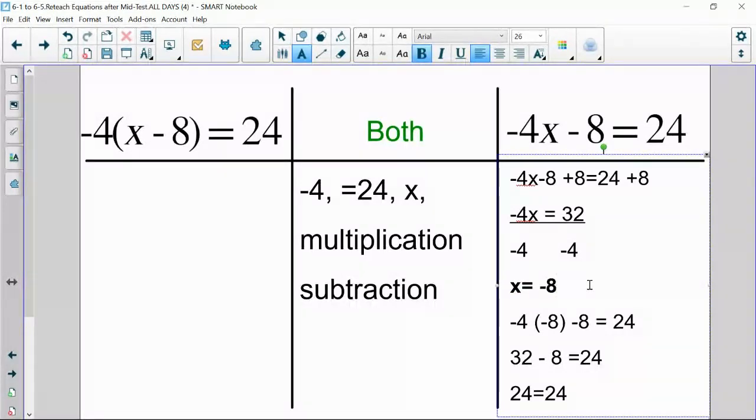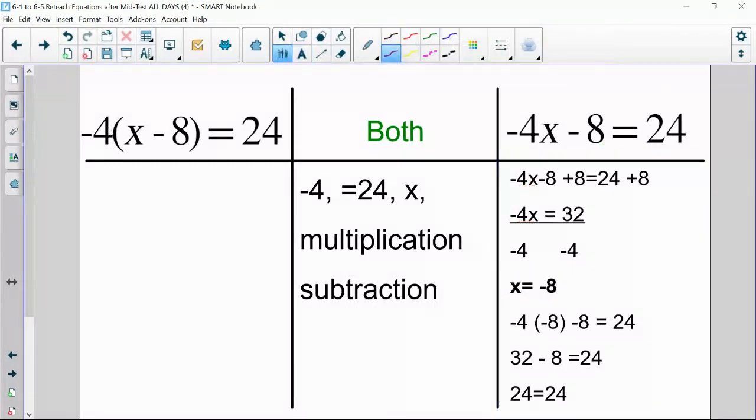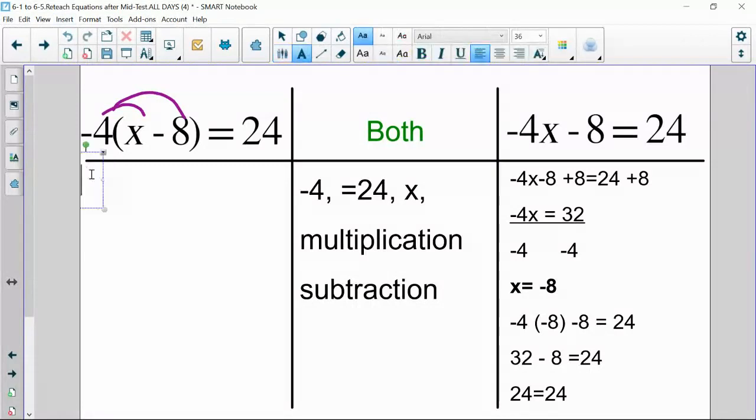Let's see if we get the same thing when we come over here. Now remember, distributive property is where I take the number on the outside and multiply it to everything inside the parentheses. So that would be like having -4 times x minus -4 times 8.